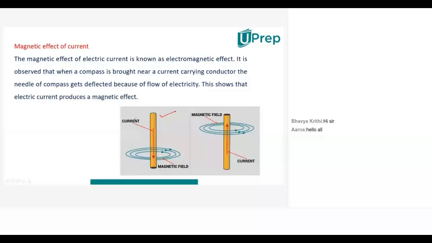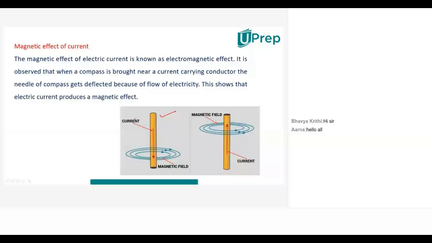Suppose I take one iron nail near to this copper rod, when current is flowing through it, then that iron nail will be attracted by the copper rod. Why will it attract? Because of the magnetic effect.